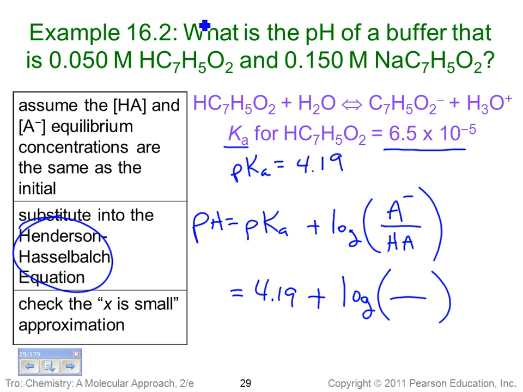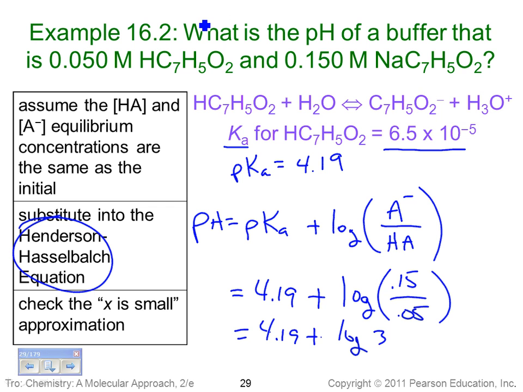Which one of those is the anion's concentration? 0.05 and 0.15. So this is going to be 4.19 plus the log of 3.